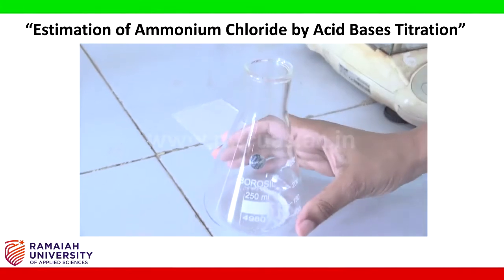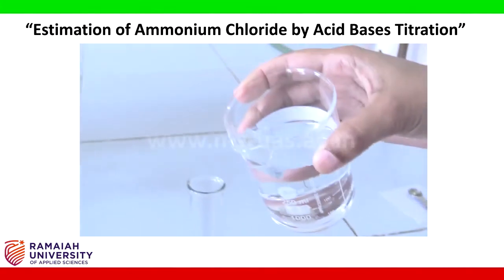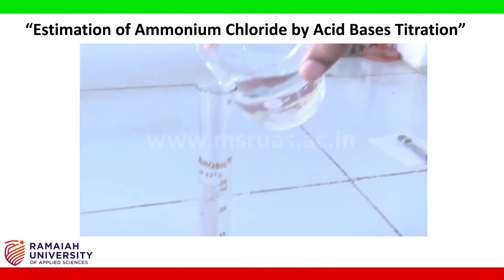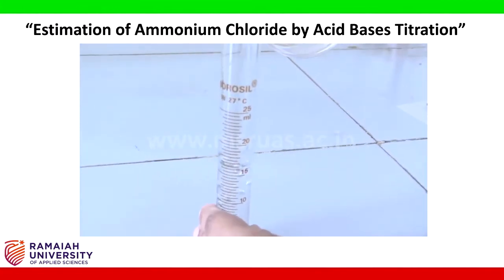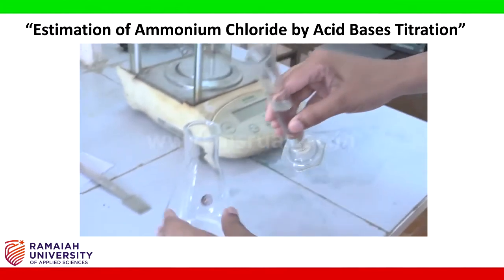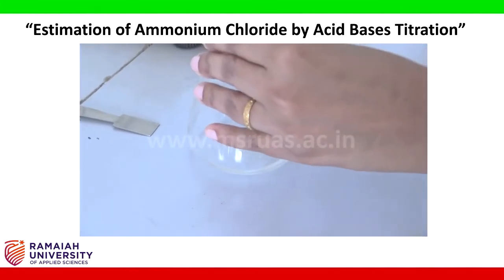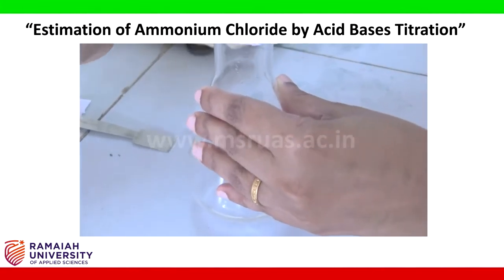And dissolve this in 20 ml of distilled water. Add 20 ml of distilled water to the conical flask and dissolve the ammonium chloride sample.